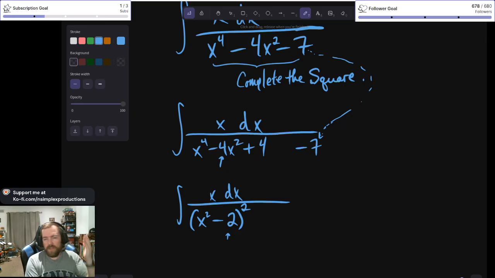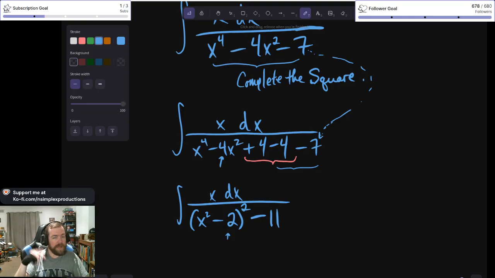Okay, x to the fourth minus 4x squared plus 4 is going to be a square number, namely x squared minus 2 parentheses squared. Then we can't just add 4, so you also have to subtract 4. Make sure that it is a net zero change from the step above. And yes, if you wanted to, you could have immediately jumped to, oh wait, that's a minus 4 minus 7. That's going to be a minus 11. That's perfectly fine. You could have done that.